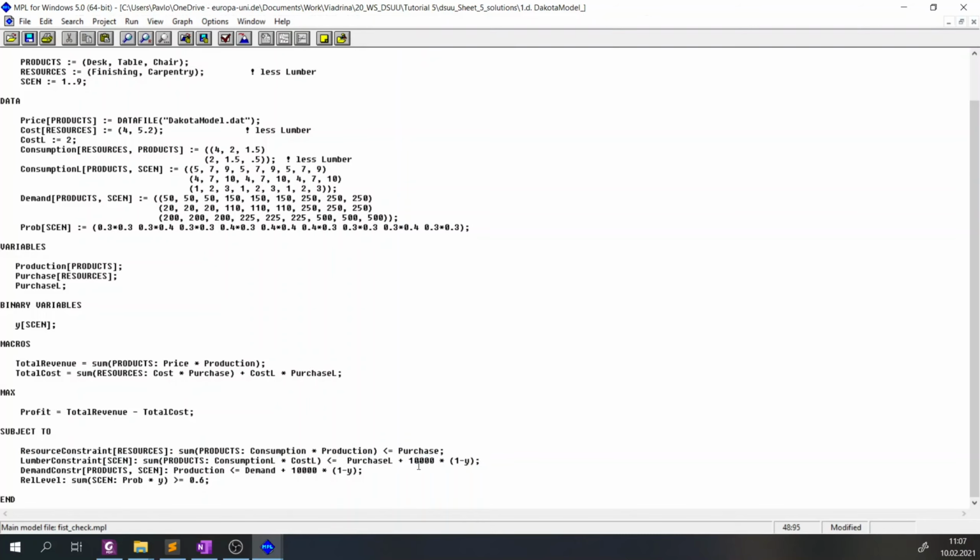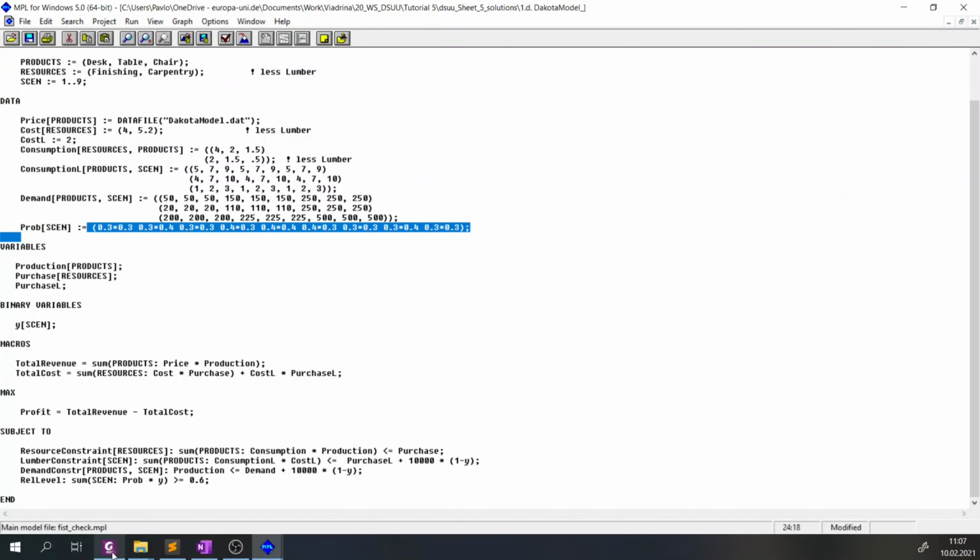And here we add this big M, the same logic as before. And the demand constraint is the same as in the previous formulation. Yes, and the alpha level constraints we also don't change, because if we change the data, automatically this constraint would be changed.